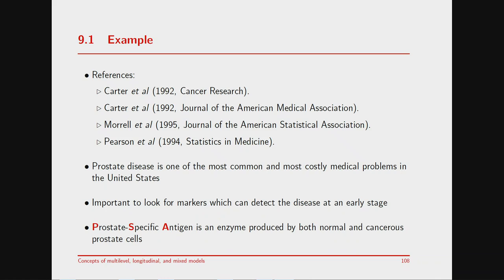So if you would just screen patients and use a high PSA value as an indication for cancer, you would have many false positives. You would tell people that probably they have cancer, while that's not the case at all, while they have maybe only BPH, which is less harmful for the patient. So for some time they believed, okay, maybe PSA is not a good idea to use as a biomarker to screen patients.